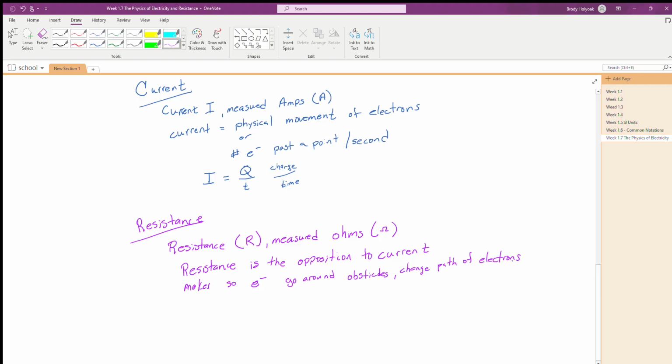Which effectively lowers down the amount of electrons that are passing past a certain point per second. So it restricts the flow of it. It makes it so not as much current can flow.